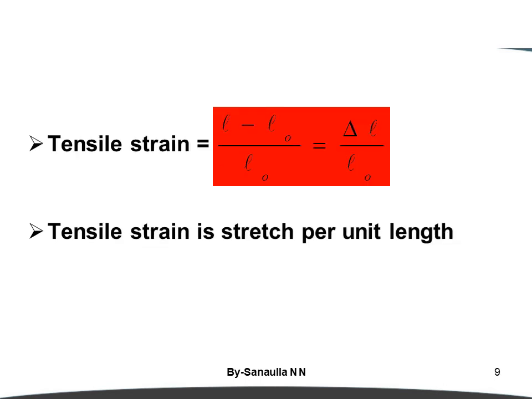So tensile strain is equal to L minus L naught, that is the change in length delta L, divided by the original length L naught. So here the tensile strain is stretch per unit length.